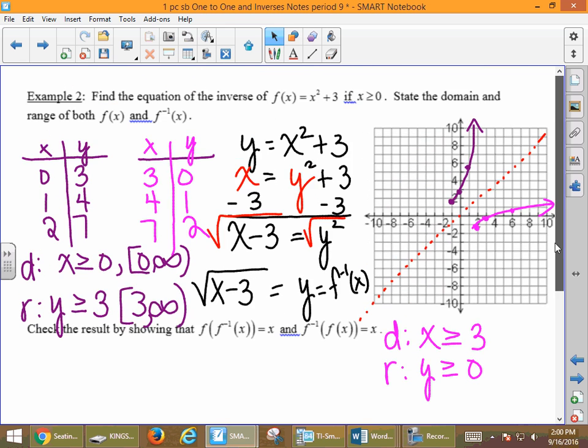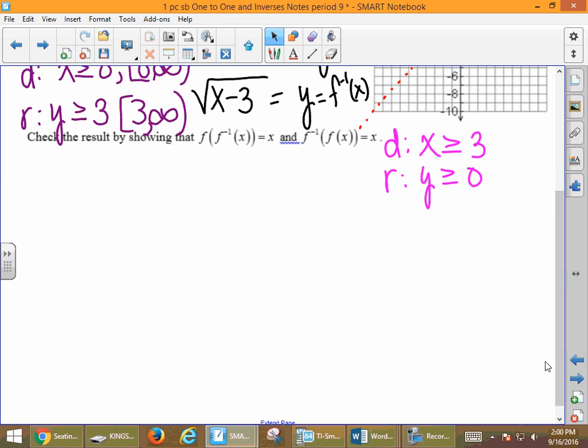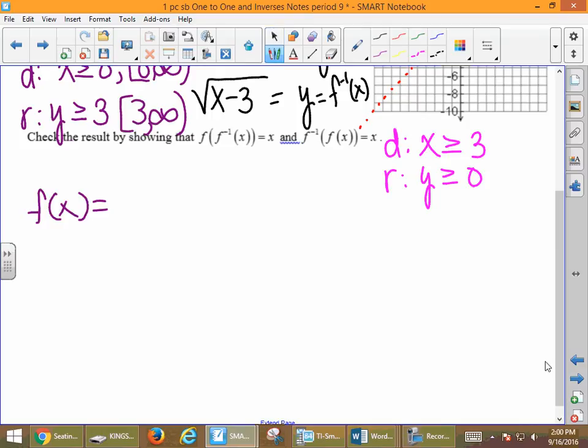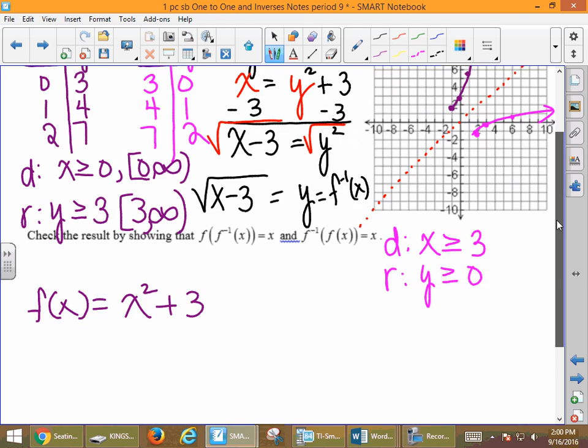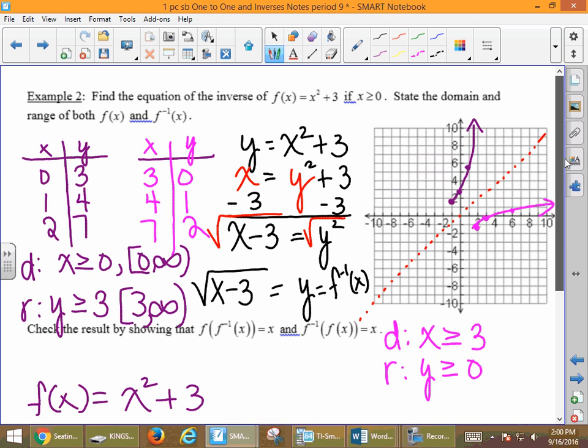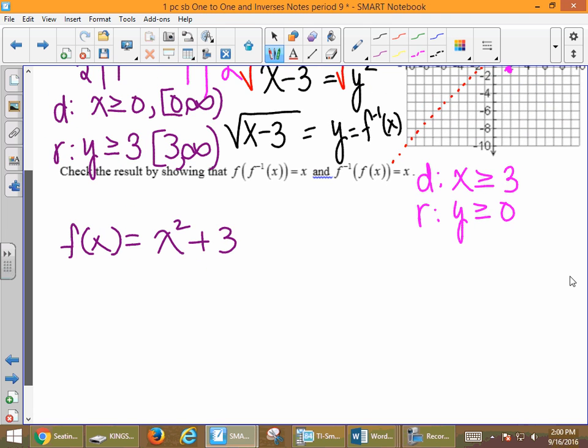So the functions are, the original function was f of x equals x squared plus 3. And the inverse function is the square root of x minus 3.